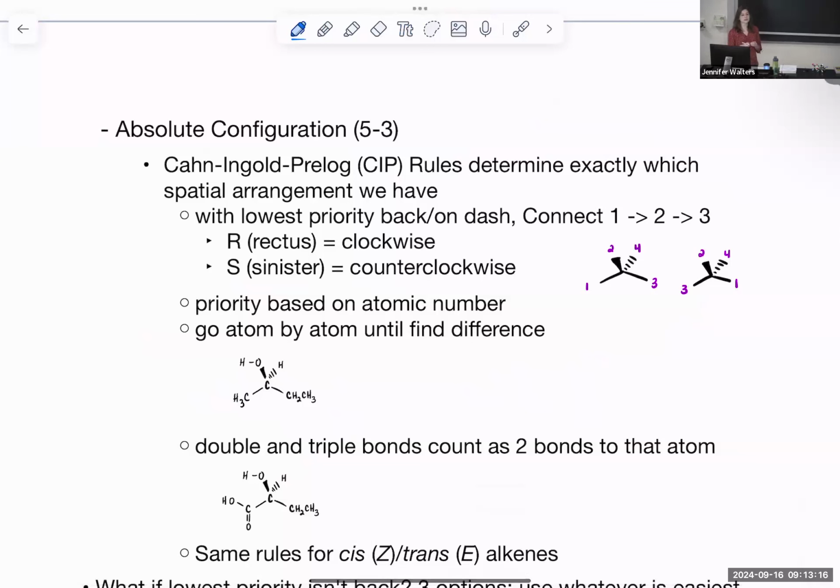To know which stereoisomer we have, we're going to need an absolute configuration. Cahn, Ingold, and Prelog got together and made up this arbitrary set of rules that everyone just went, yeah, sounds good to me, to assign R and S. When you have the lowest priority on the dash or back, and you connect 1 to 2 to 3 going clockwise, you will be R. If you are counterclockwise, you are S. R stands for rectus, S stands for sinister.